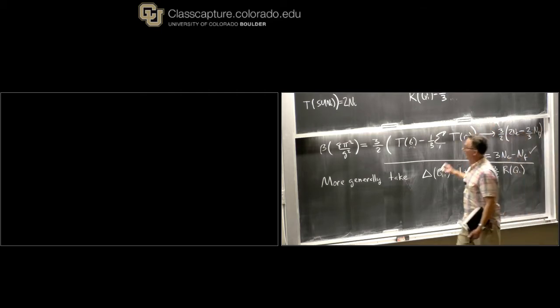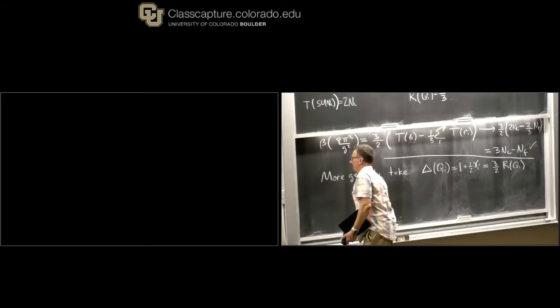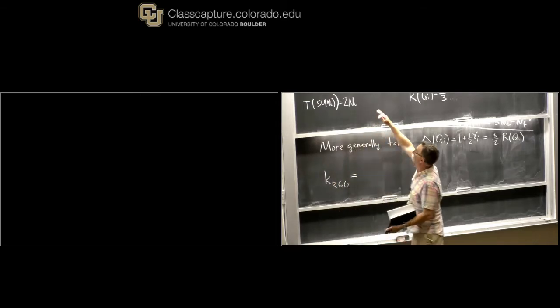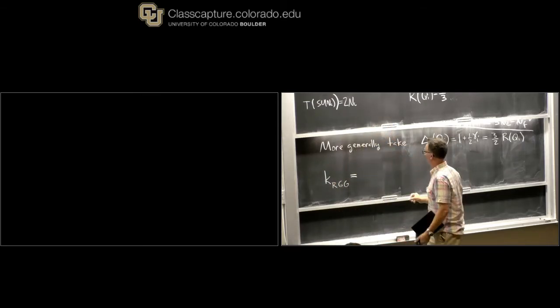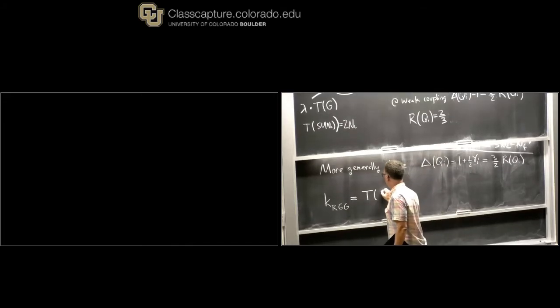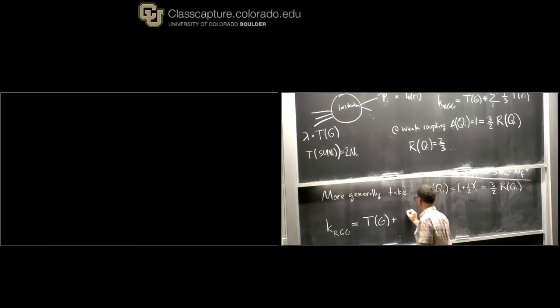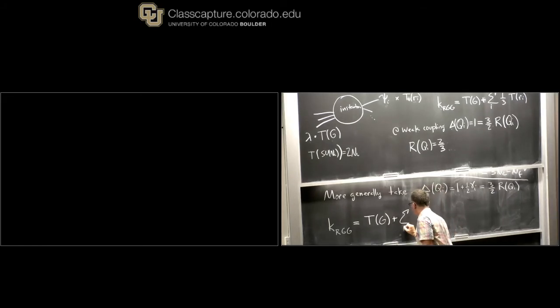Now with this R symmetry I could plug in and get K RGG is, so again I just read it off from the same instanton diagram. The gauginos still contribute T of G, and for the matter fields I have plus the sum over the matter fields.